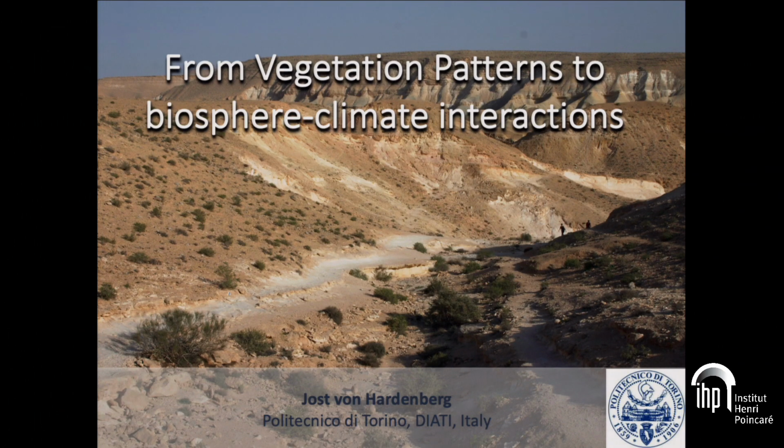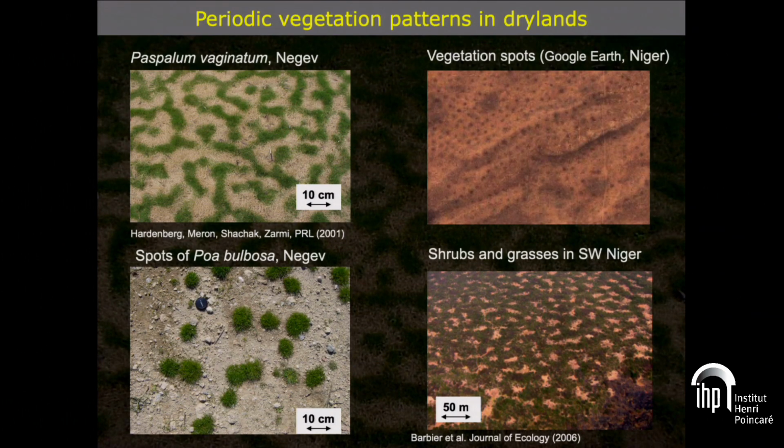And what is often found in some of these areas, in arid and semi-arid areas, and it's actually more common than you would think, is vegetation patterns. I have here a few examples.